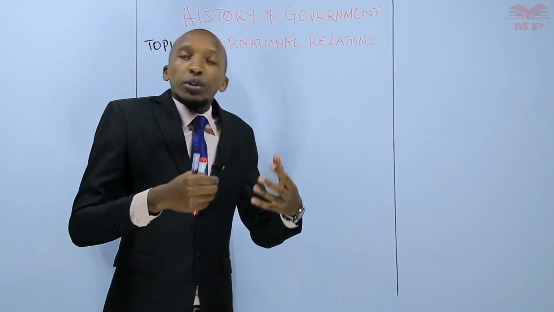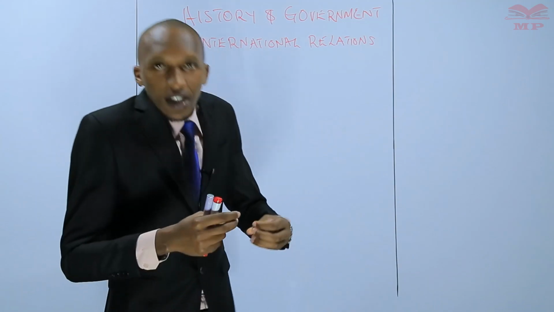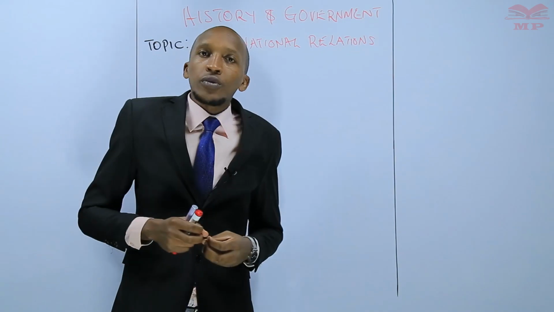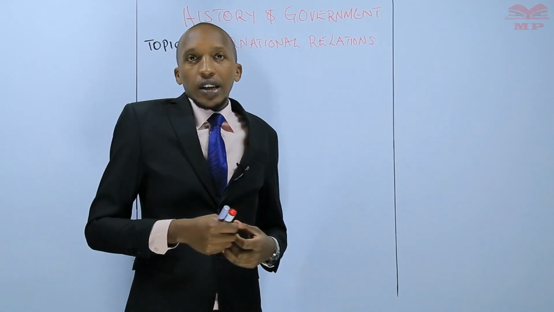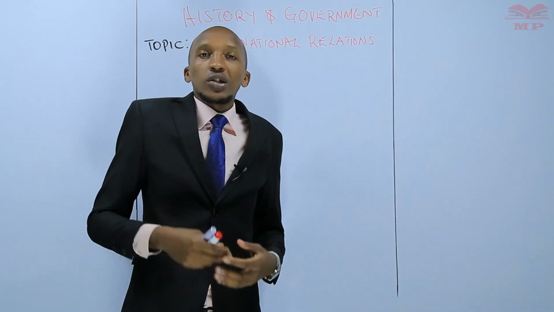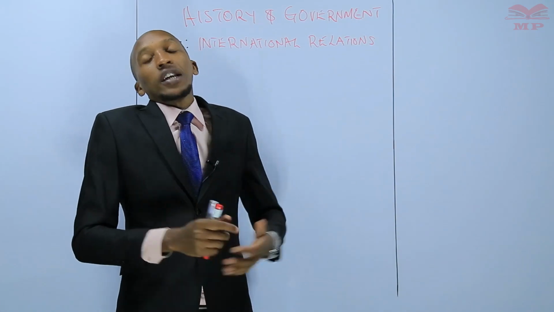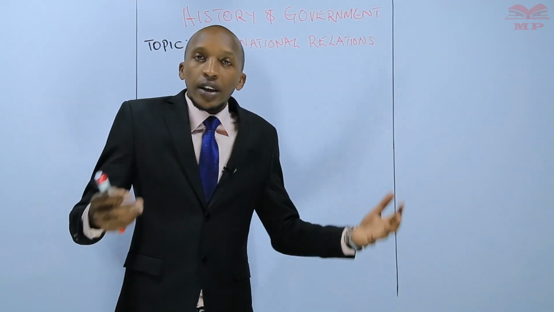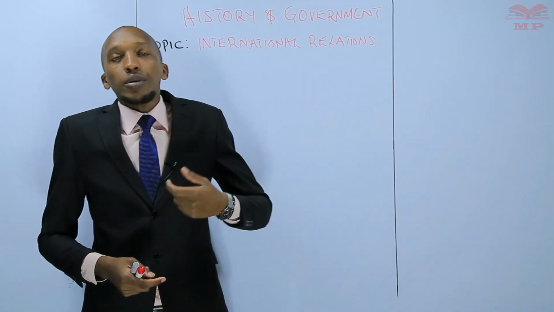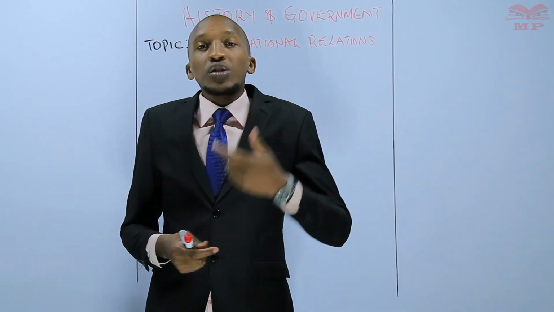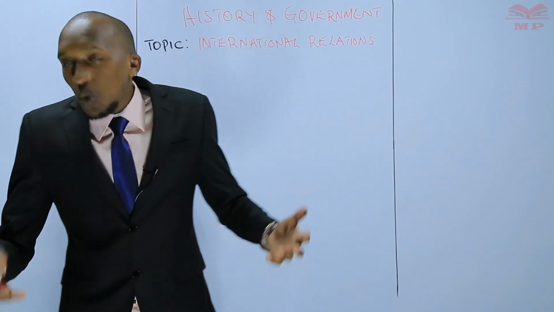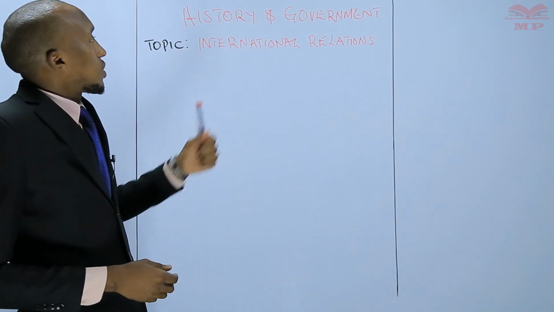Now, because the countries have tasted and seen the effects of a world war, what steps did they take? What steps were taken to make sure that there was a period of peace, or that if there is any conflict, countries could interact and solve their problems in a more amicable way? That is what we are going to be discussing in this topic.